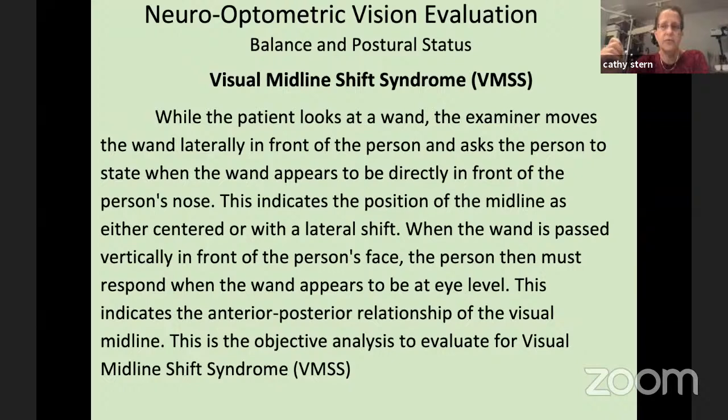And then as I bring it across their visual field, similar to doing a pursuit eye movement, I ask them to tell me to stop when I'm directly in front of their nose. And what you will sometimes see is that the patient will stop you when they're more in front of one eye. And then you can appreciate that perhaps their sense of center is not where it should be.